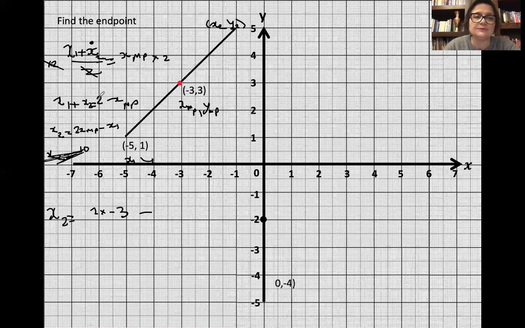Minus x1, and in this case is minus 5. So it's going to be minus 5. There you go. x2 is going to be minus 6 minus minus 5, which is plus 5, so equals minus 1. So x2 is minus 1, right?